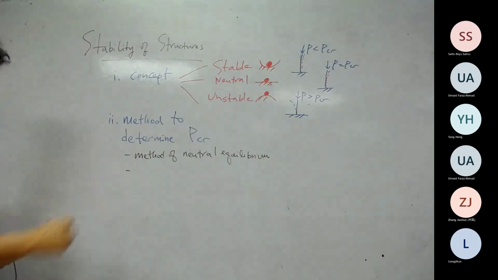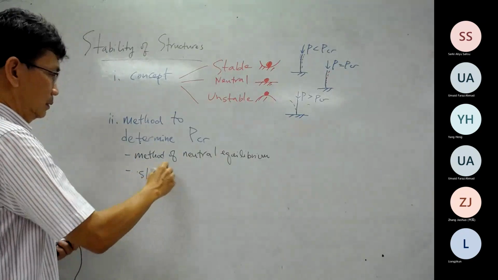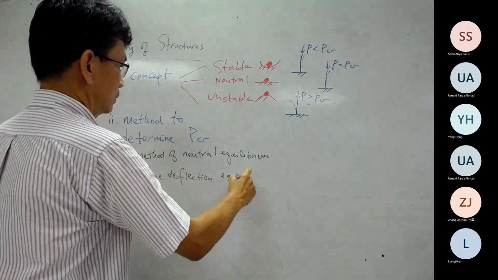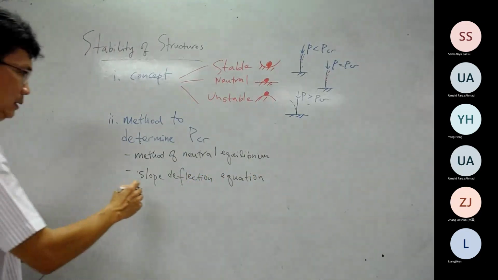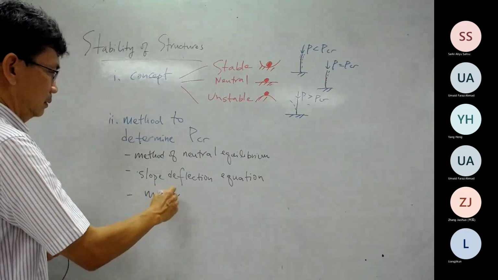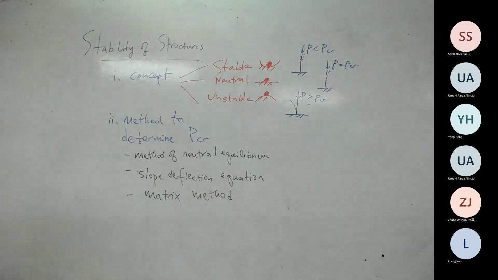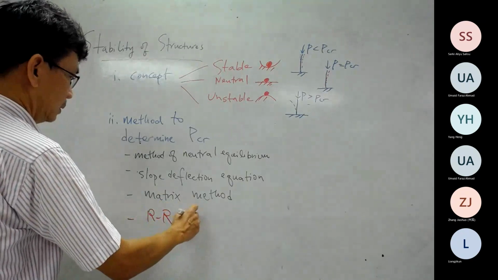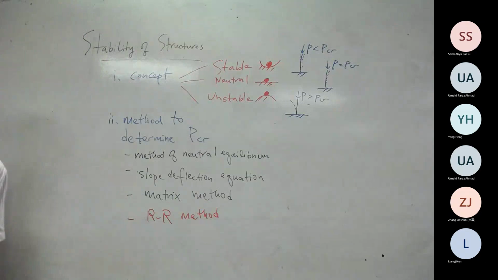Then other methods: we use the slope deflection equation, another one is the matrix method, and one more is the energy method or Rayleigh-Ritz method. So the coverage is mainly on these four methods.